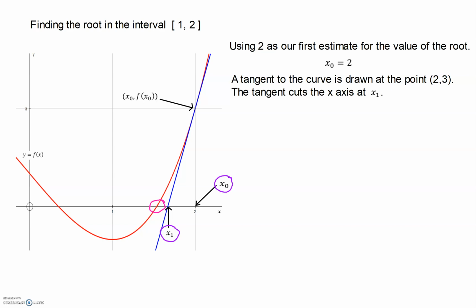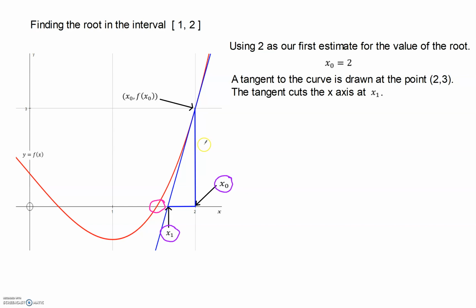So in order to find the value of x1, we're actually going to use the gradient of the tangent. So I'm going to draw in a triangle, and you know that the gradient of the tangent is the change in y over the change in x.